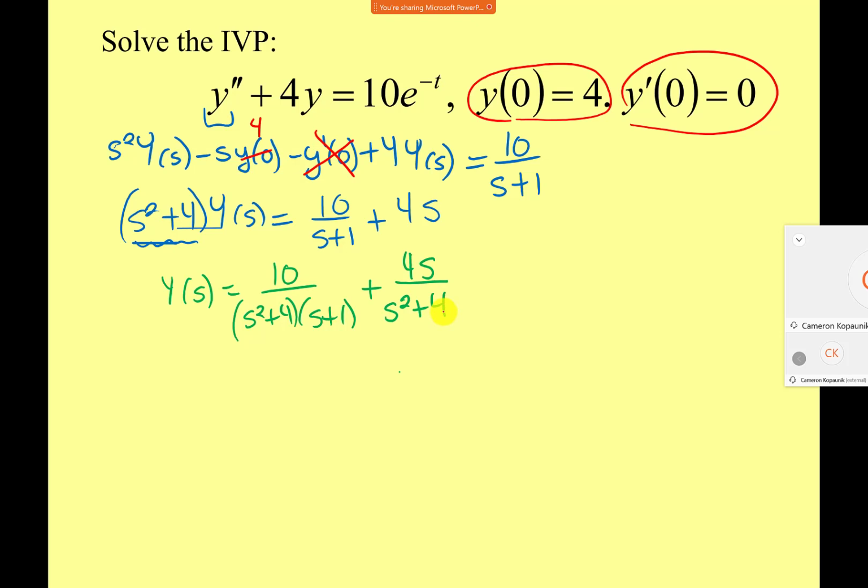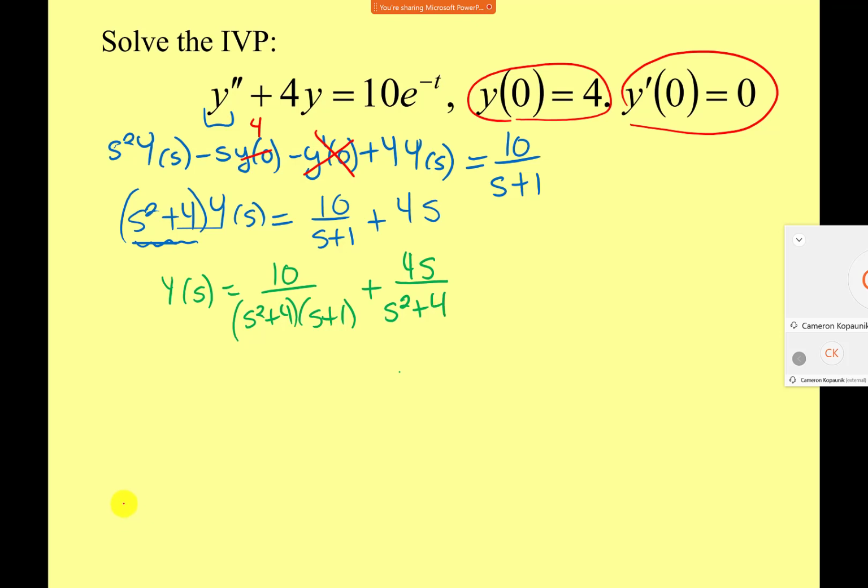All right, so now as I'm looking at this and trying to see what I can do to inverse transform, I didn't get out of partial fractions, but I only need to do it on the first one. You could have also combined them, but I chose to do it a little differently this time, just to show you some different approaches.